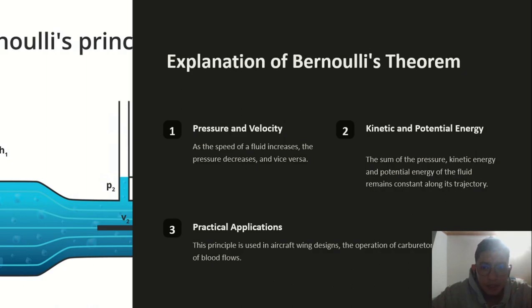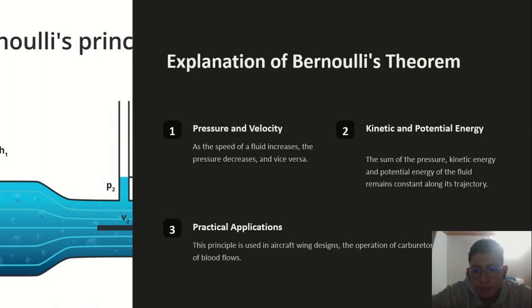Explanation of Bernoulli's theorem: pressure and velocity. As the speed of a fluid increases, the pressure decreases, and vice versa.